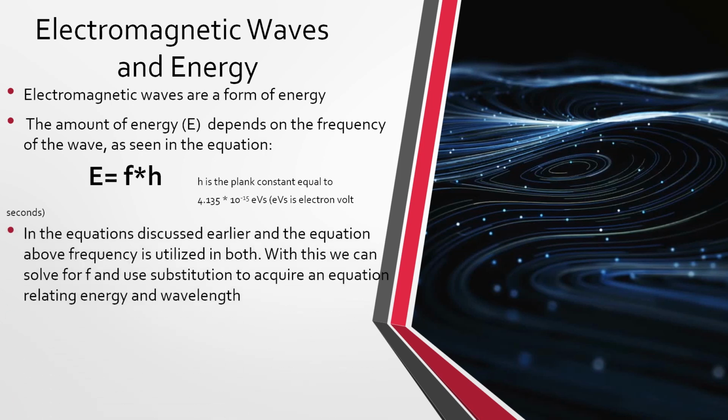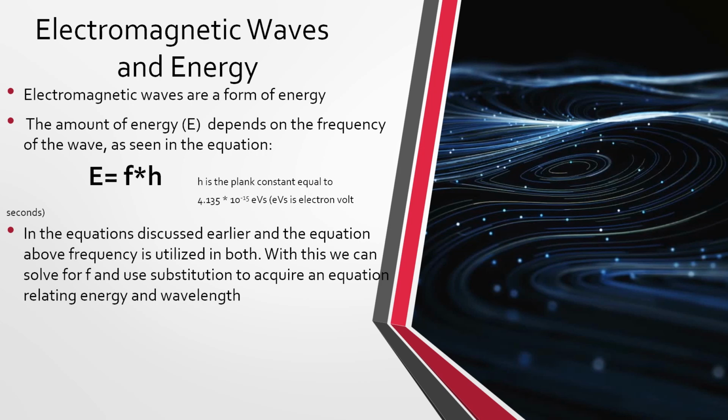In the equation discussed earlier and the equation above, frequency is utilized in both. We saw frequency is dependent on wavelength and velocity, and the energy of the wave can be dependent on the frequency. With this, we can solve for f.